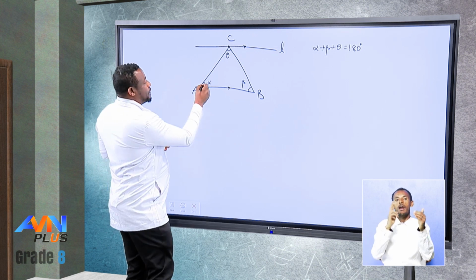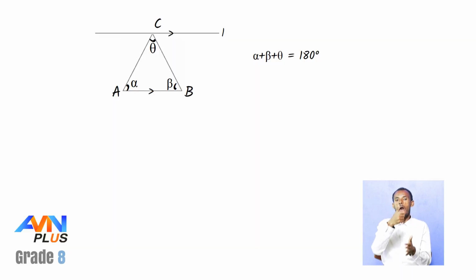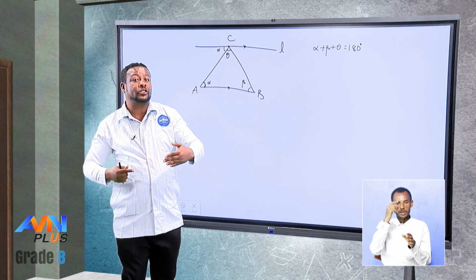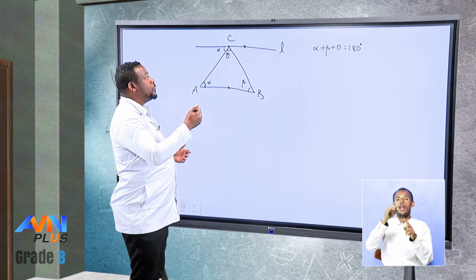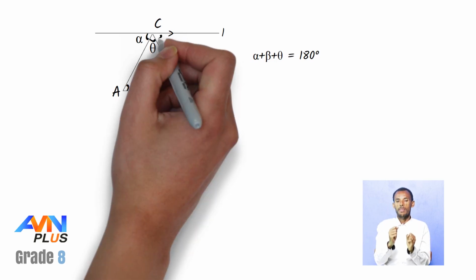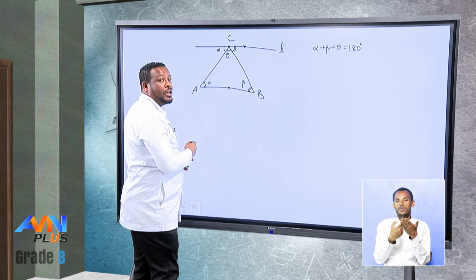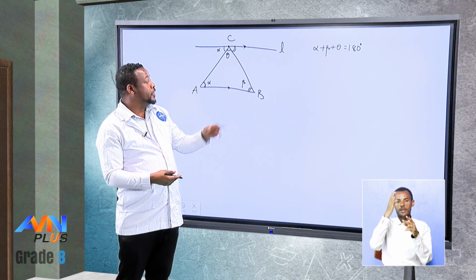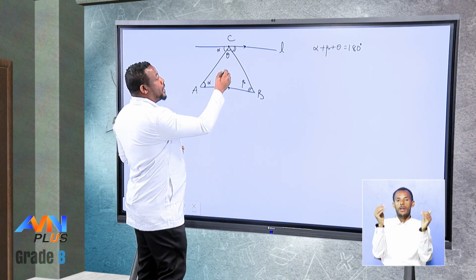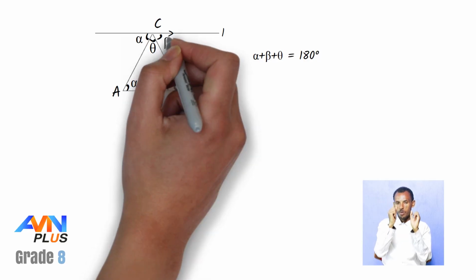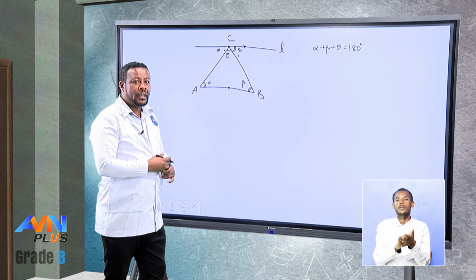That means if this is alpha, this should be alpha, right? Again, by considering BC as a transversal, you can take this angle and this angle, okay? By alternate interior angles, these two are congruent. Therefore, you can say this is also beta, right?